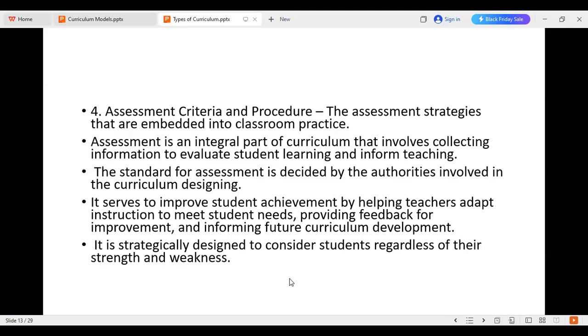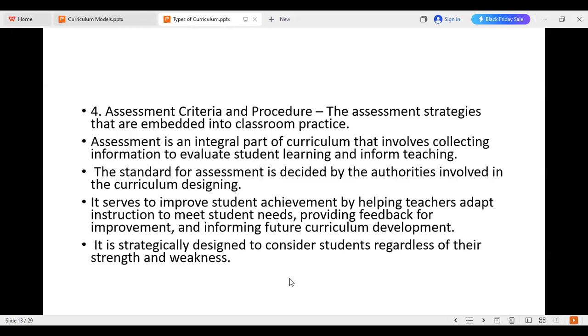Through evaluation and student assessment, teachers can judge how good and effective their teaching is. Students can judge how successful or effective their learning process is.